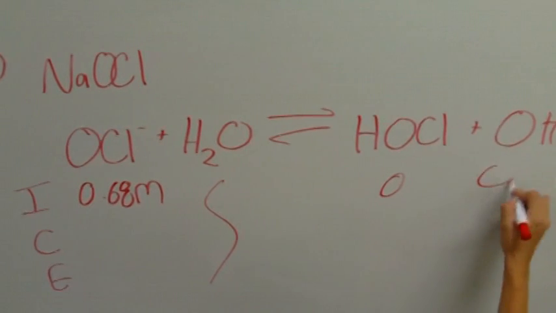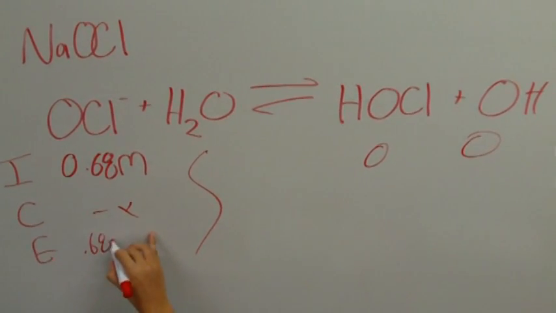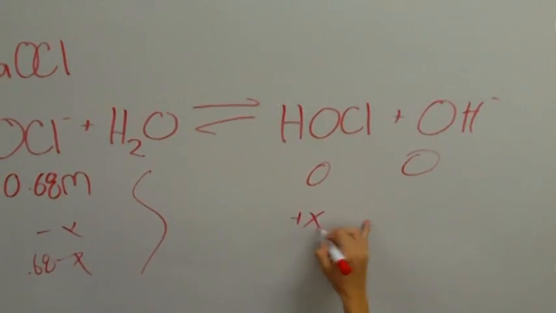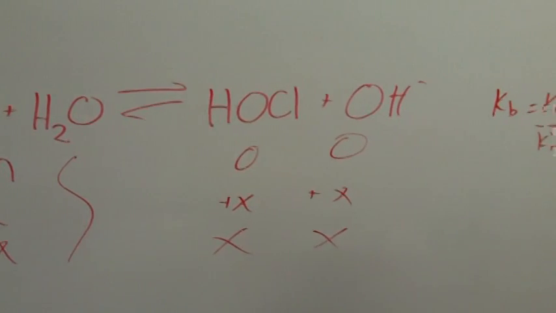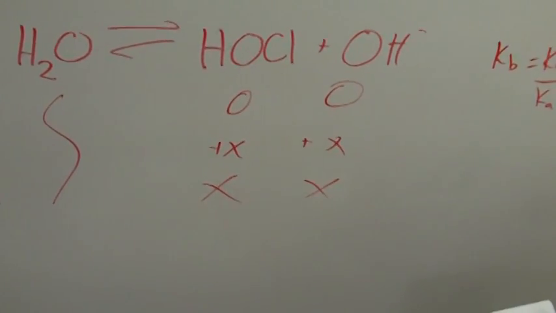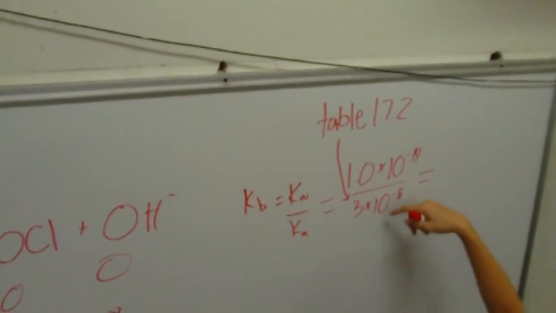These have no initial concentrations. There's our change. This is all basically exactly what we've been doing. They gave us the Kb, we need the Ka, so that's Kw over Ka.